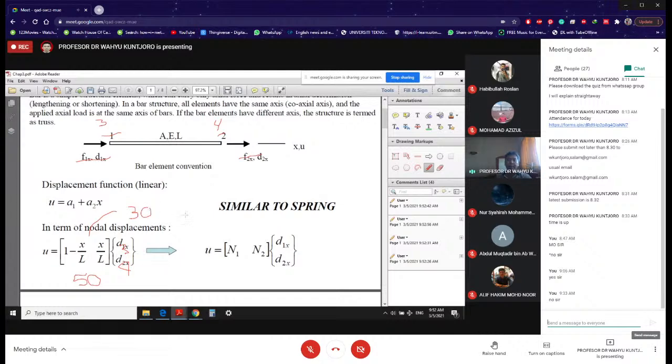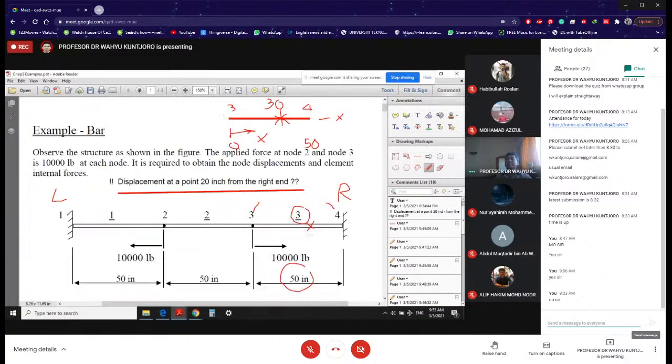Because of that, you can find your u, the displacement of that point, which is going to be 1 minus 30 divided by L, multiplied by d3x, plus x over L, which is 30 over 50, multiplied by d4x. Then you are going to have u. So make sure you know how to answer such a question: what will be the value of displacement at a point 20 inch from the right hand?